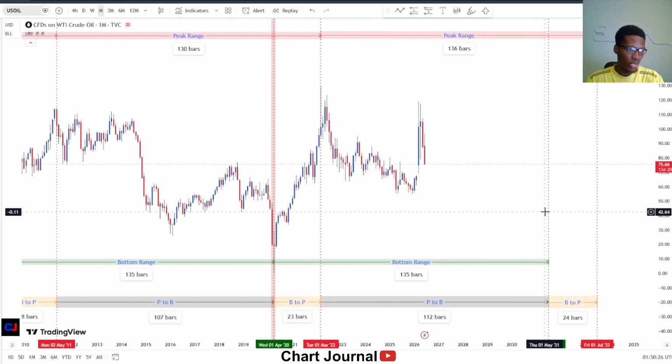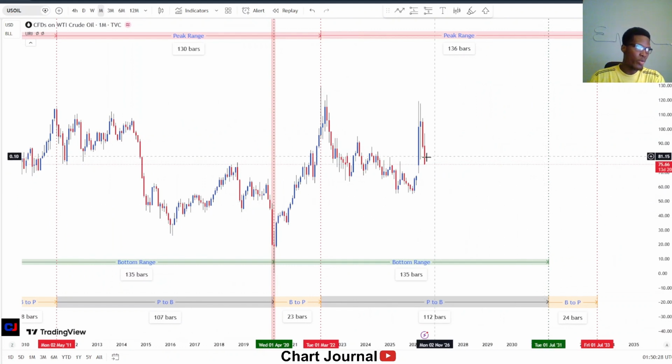In this 2031 to 2033 period, I'm not here to predict what is going to happen, but what is likely going to happen: we might have a recession which will bring oil prices down. Then we go higher for 2 years, or we will not have the recession here. We then bottom in 2031, we go up for 2 years, then we have a recession bringing oil prices down. This is what has occurred every single time and is likely going to happen.